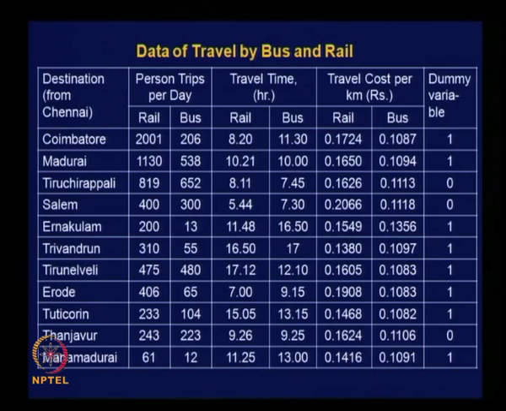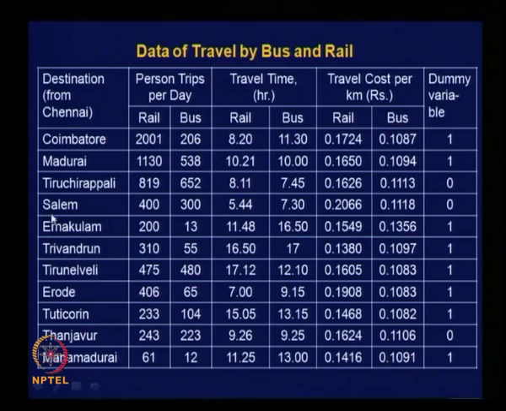And you can see, interestingly, in all the cases train fare is higher than bus fare, in spite of the manipulations done. It is true at the time of doing the calculation, in most situations train fare is more than bus fare per kilometer rate, and the travel time of course varies, and you can see the influence of travel time on modal share.